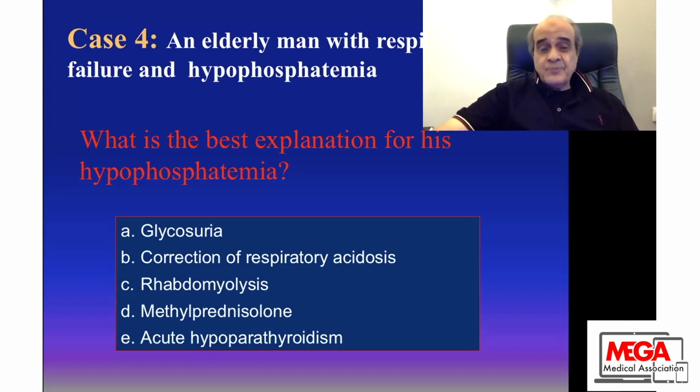Hypophosphatemia causes rhabdomyolysis in reverse, but rhabdomyolysis causes hyperphosphatemia, not hypophosphatemia. Methylprednisolone does not decrease phosphate level. Acute hypoparathyroidism is the reverse, it will cause hyperphosphatemia. And so I think the correct answer here is the correction of respiratory acidosis.